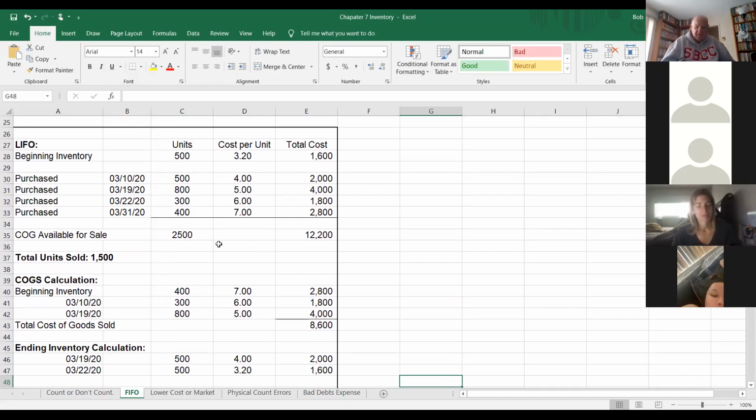LIFO. You notice we have the same 12,200, right? We sold 1,500 under LIFO. Could you tell me which ones we sold? Let's see. LIFO, last in, first out. So the 331. Yes, keep going.